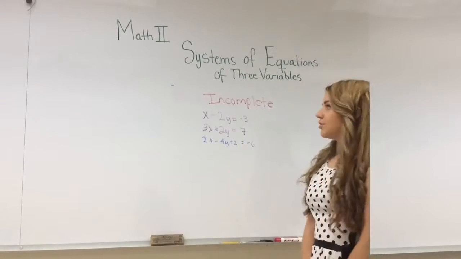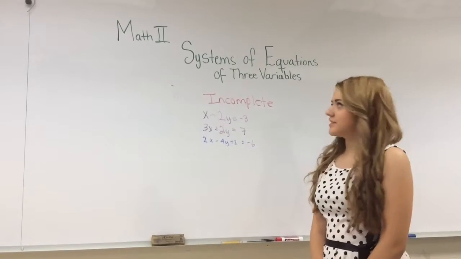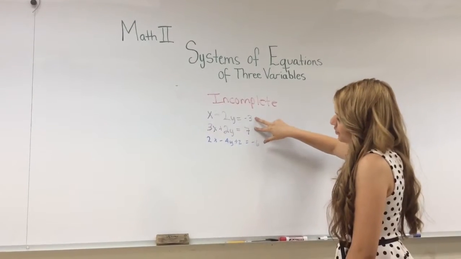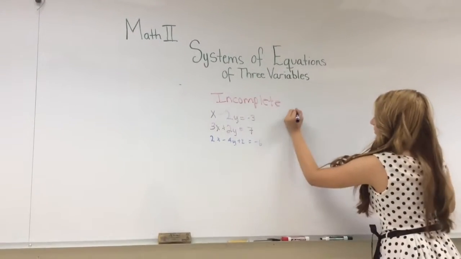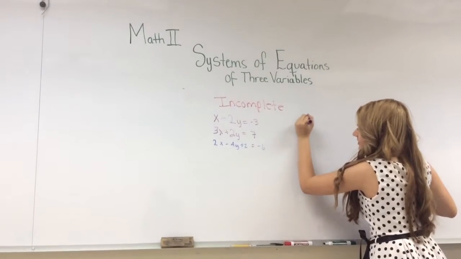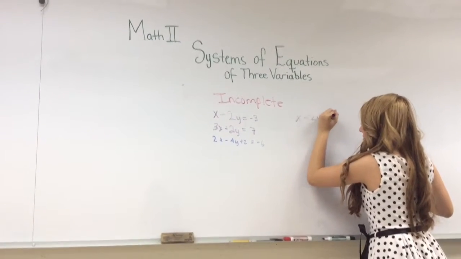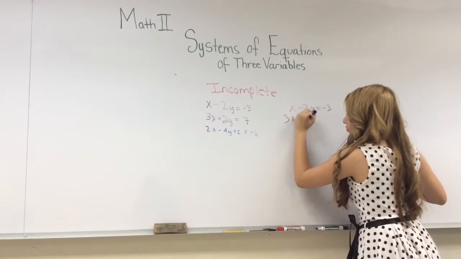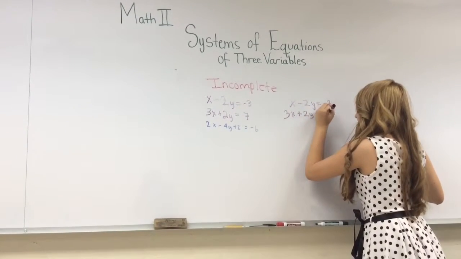Let's see them. To solve an incomplete system of equations of three variables, we're first going to get these two equations right over here: x minus 2y equals minus 3, and 3x plus 2y equals 7.